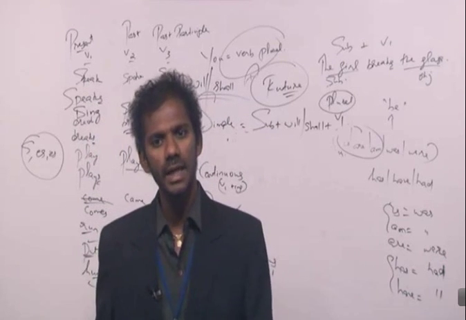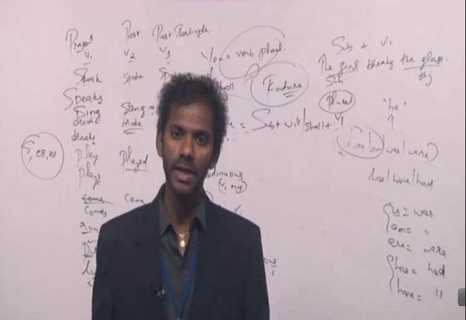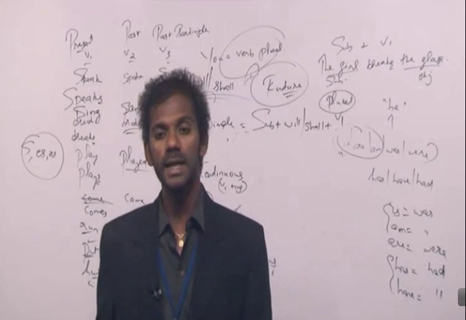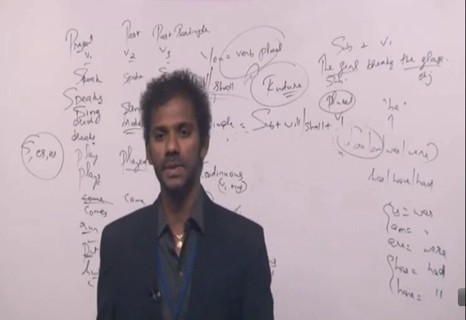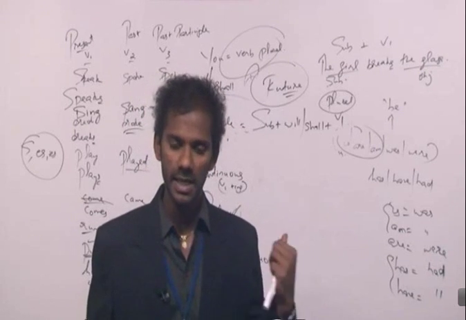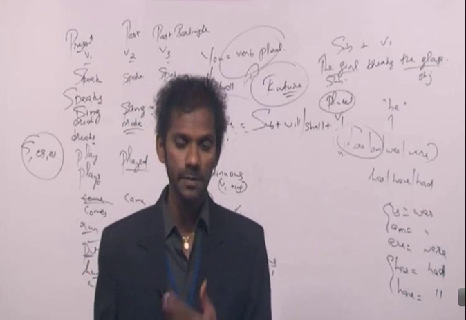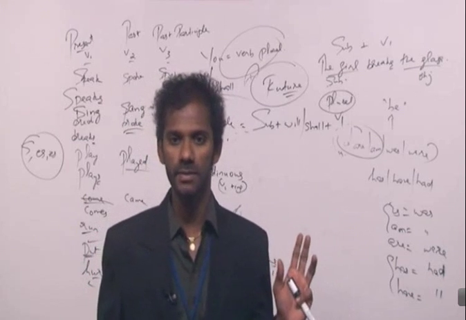Same as the case if it is girls: the girls will break the glass. Clear? So subject plus will or shall plus V1, always plural, in the case of simple future.